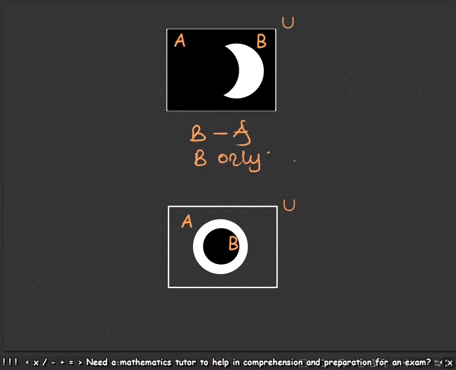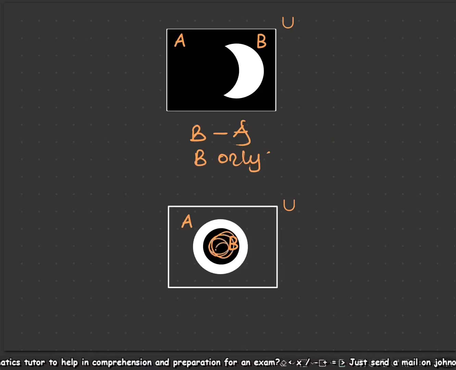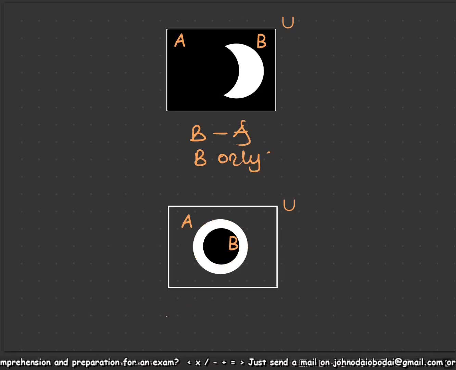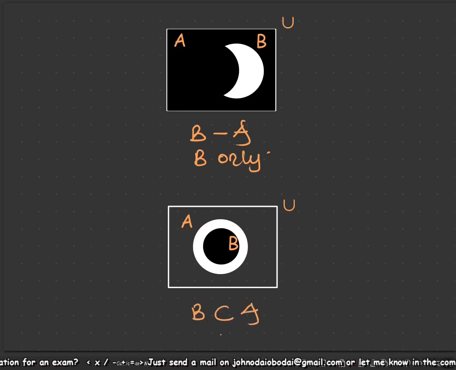Then for this last one here, realize that we have all of B inside A. So with this, you can say that B is a subset of A. So basically, these are the Venn diagram representations you are supposed to know. If you know all of this, there is no word problem that can beat you.